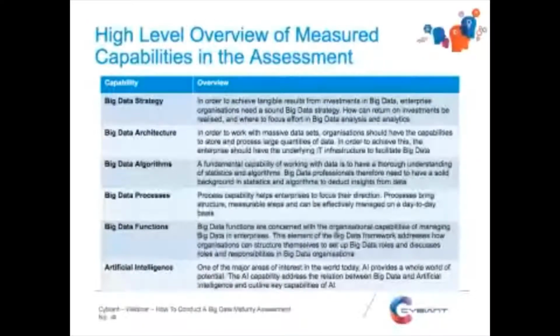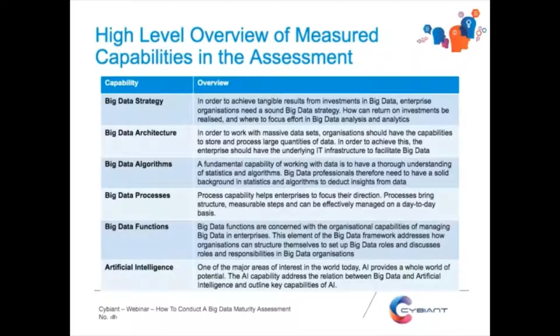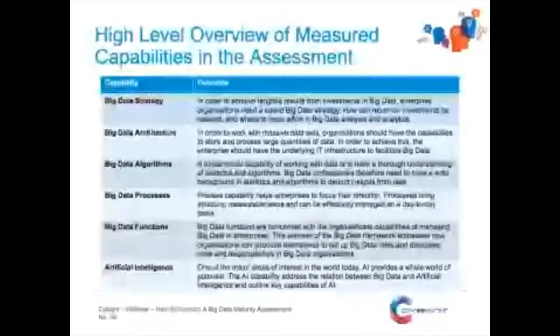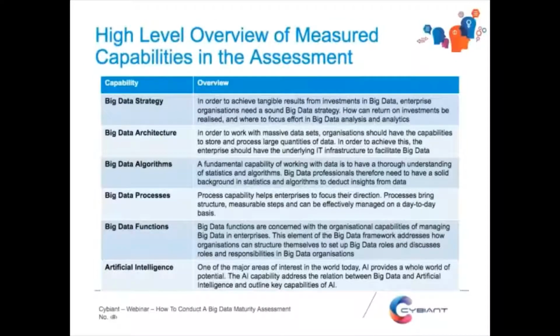order to measure the maturity of your organization. We look at 6 domains that you need in order to be successful within big data. Those 6 domains are strategy, where we look to make sure that you retrieve your return on investment. We then look at architecture, which is your technical infrastructure. We then look at algorithms.